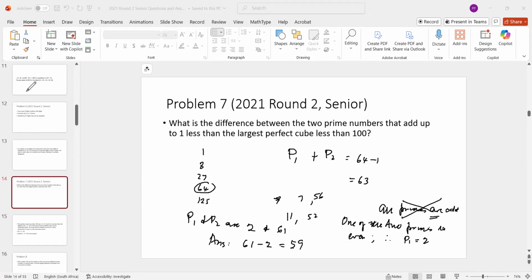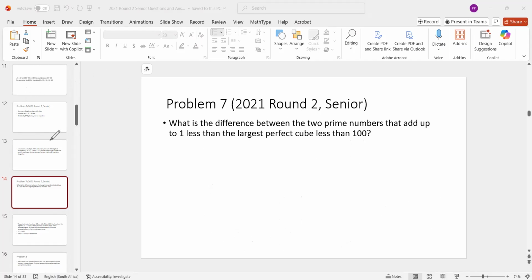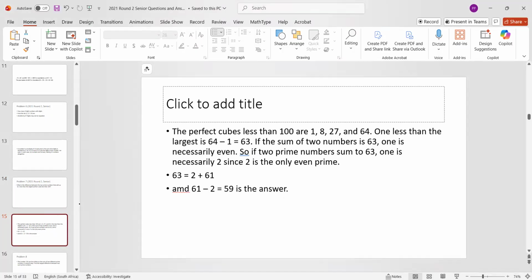Okay, so our answer is 59. And you can see right at the end, the answer that is given is indeed 59. So we will stop there.